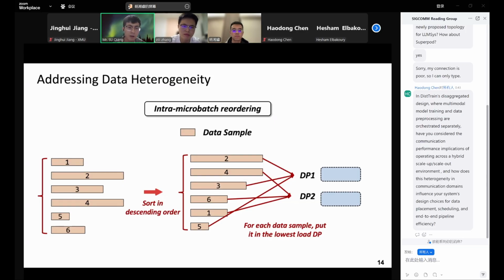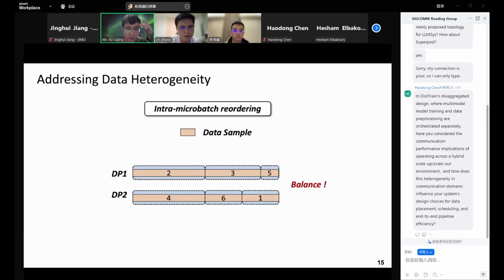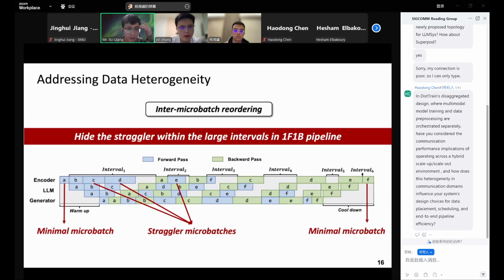And so your design scope is the intra micro batch reordering. I noticed that there is another reordering, inter micro batch, right? Yeah, inter micro batch. You mean inside one batch, right? Inside just one batch, the data reordering will not affect the final accuracy.